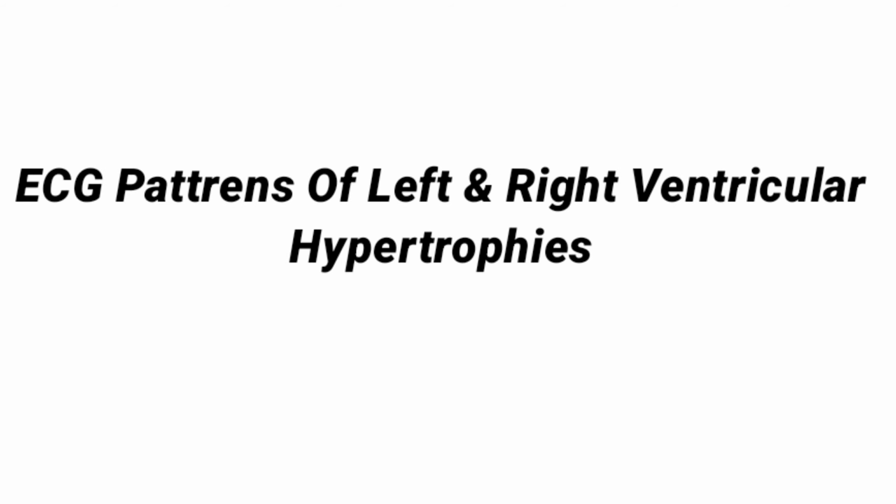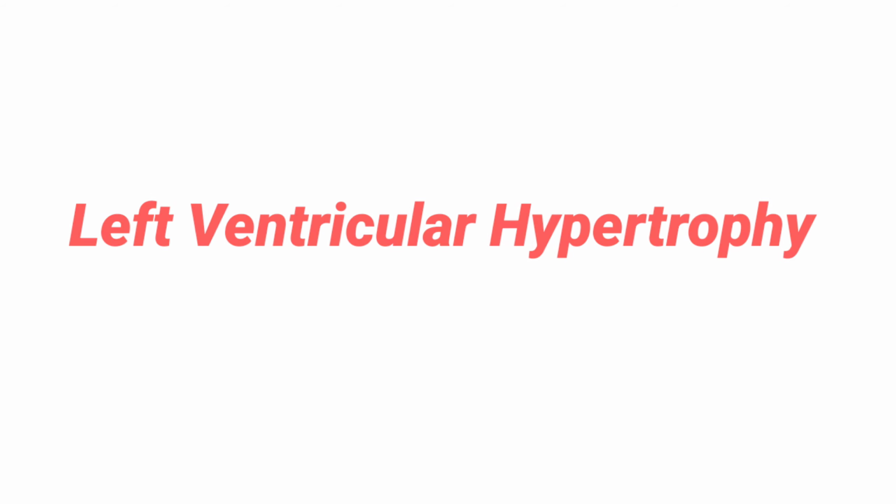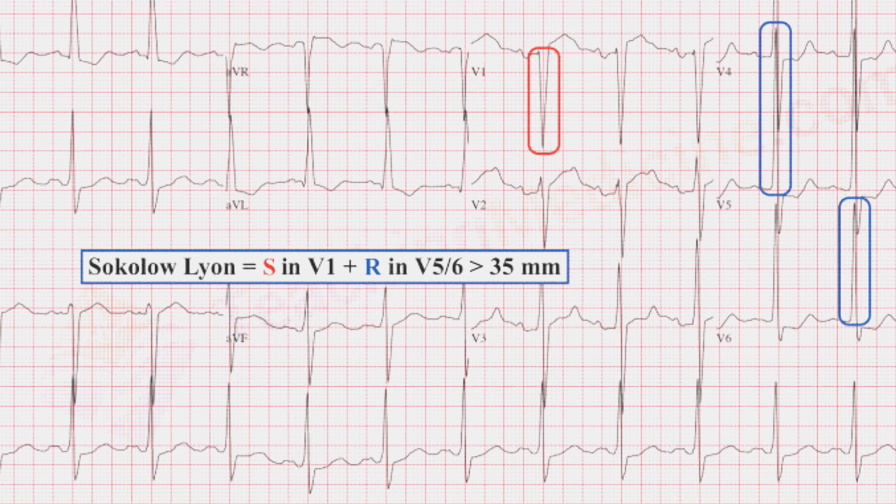Here is the ECG criteria showing both right and left ventricular wall hypertrophies. Now I am going to display some of the ECGs of left ventricular hypertrophy and right ventricular hypertrophy. Starting from left ventricular hypertrophy, this is the ECG. You will clearly see SV1 plus RV6 greater than 35 small square boxes. There is an arrow mark showing a deep S wave in V1, and there is also a tall R wave in V6.